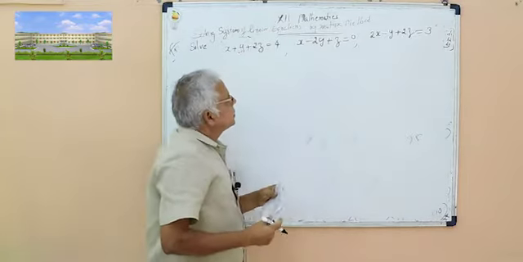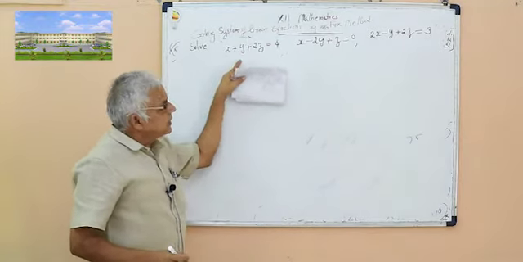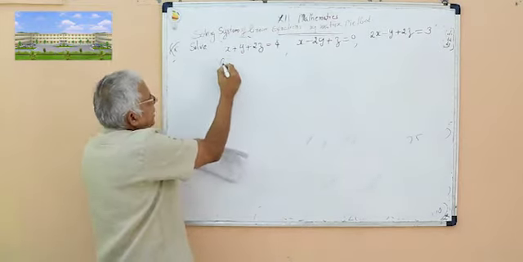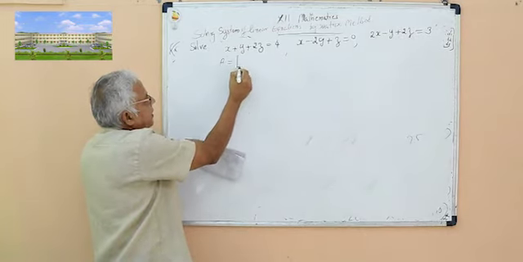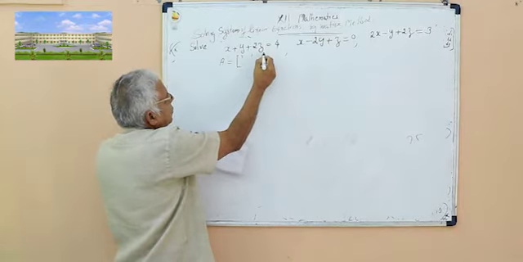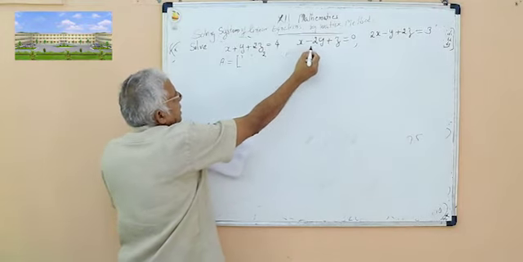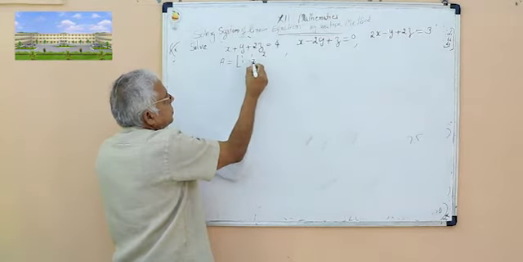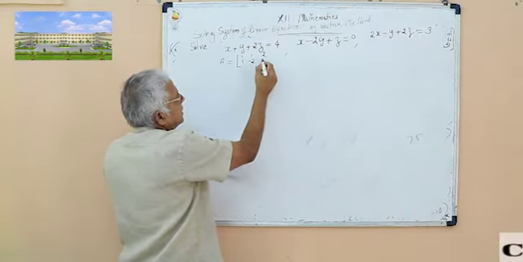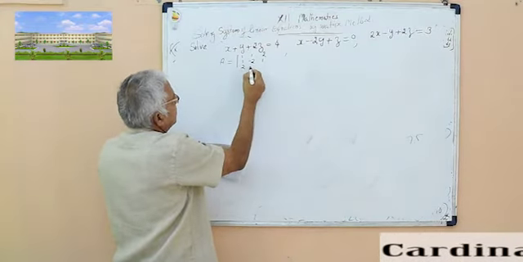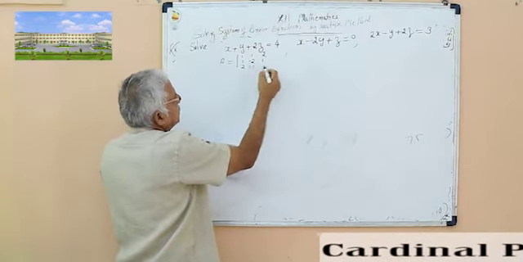So these are three linear equations. First we take A as the coefficient matrix: first equation 1, 1, 2; second equation 1, minus 2, 1; third equation 2, minus 1, 2.